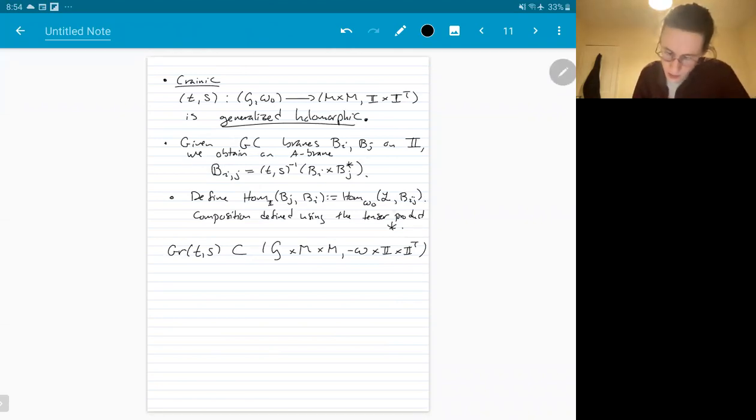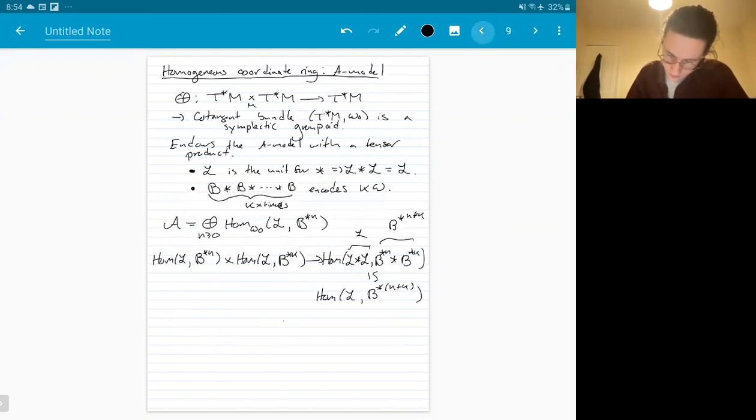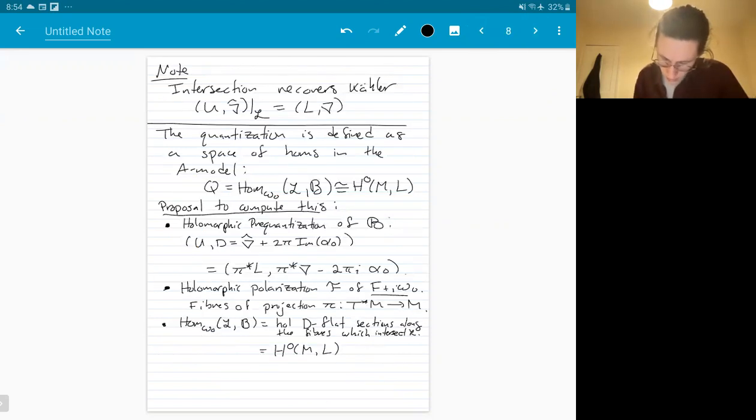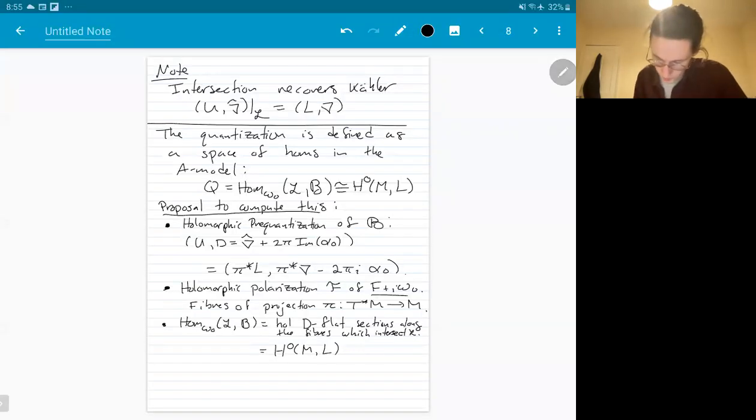So the last thing I need to say is that we want to compute these homomorphism spaces. Remember how we did it in the Kähler case: we took a holomorphic polarization of the holomorphic symplectic manifold, and we looked at the flat sections along the foliation, the flat sections along the fibers that actually intersect this L here.